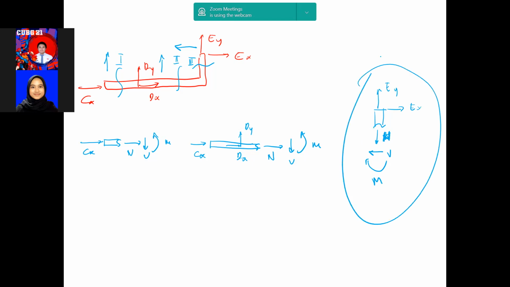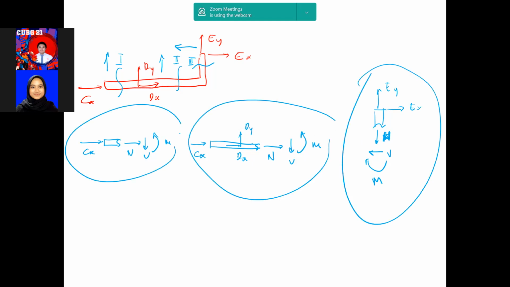Okay, you can solve this, you can solve this, you can solve this, and you can draw the internal diagram. When you draw the internal diagram later, it's okay for you to just make it a full horizontal to represent this one as well. So this one will be the first equation, this one will be the second equation, and this one will be the third equation. First, second, third, like that.